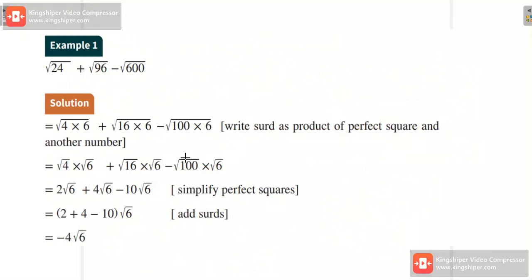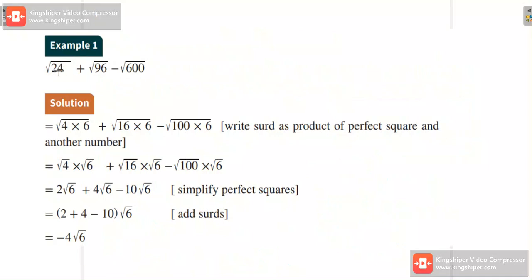Now let's look at an example. We have root of 24 plus root of 96 minus root of 600. We have to start with the 24.